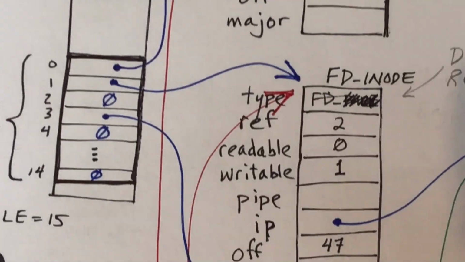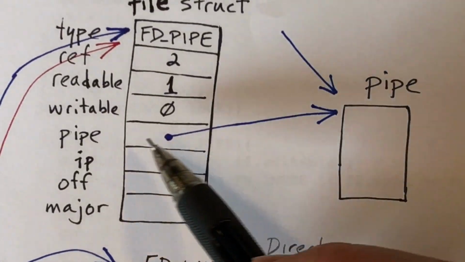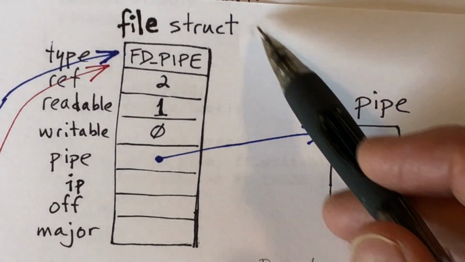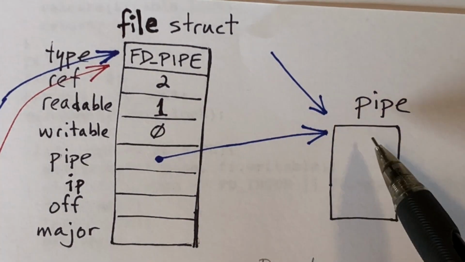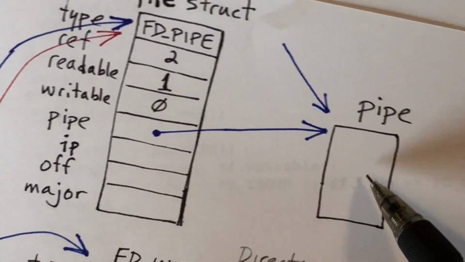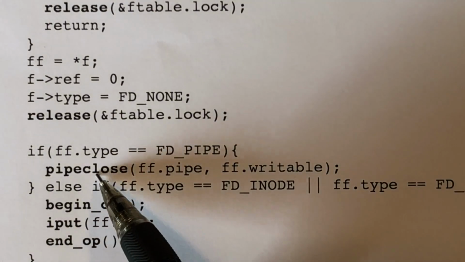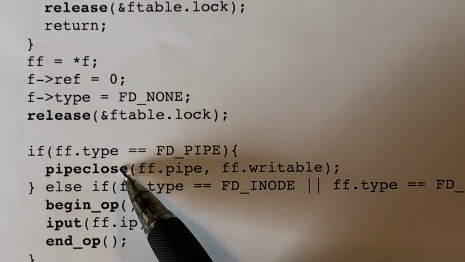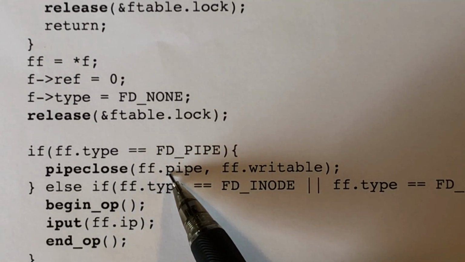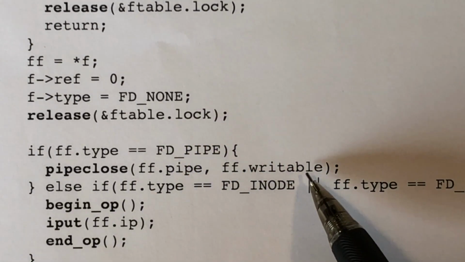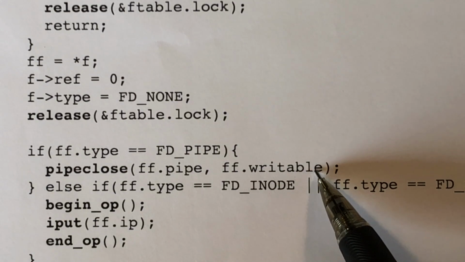There will be exactly 2 pointers to a pipe structure, one from the read end and one from the write end. And whichever one we are, we need to execute the pipe close function to possibly free that structure, okay? So here we're calling pipe close, which we looked at before. And is this the read end or the write end? Well, we're passing it the value of the writable flag to determine that.